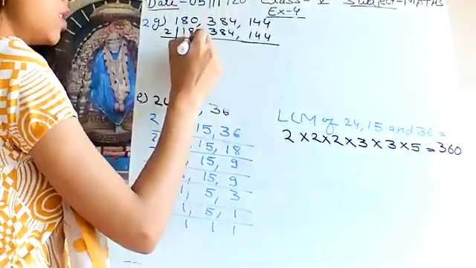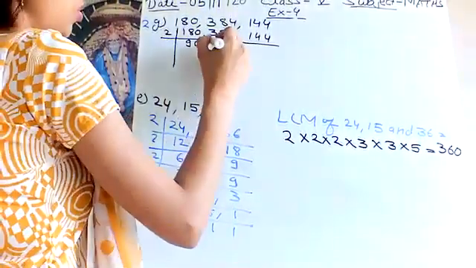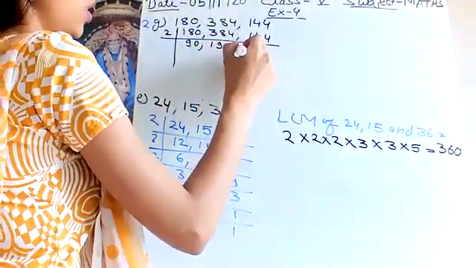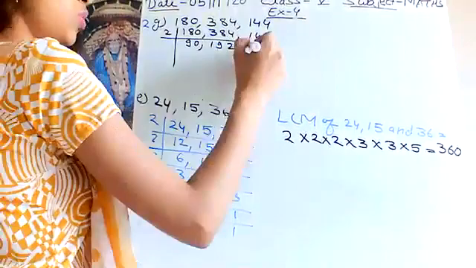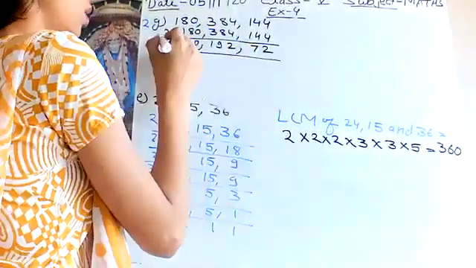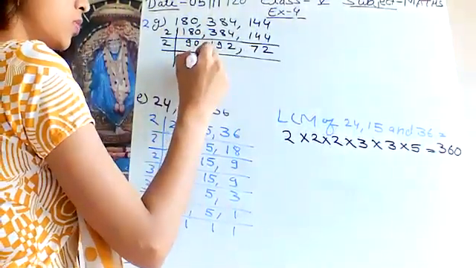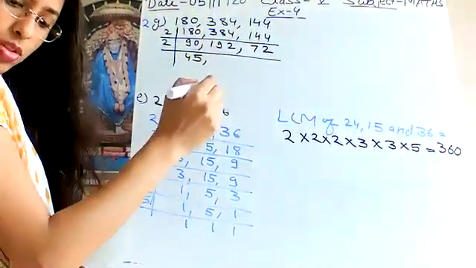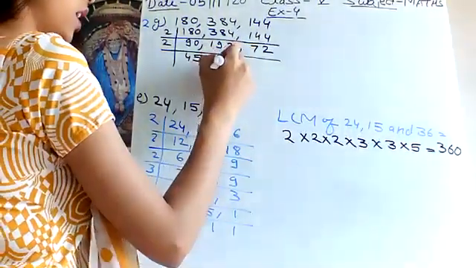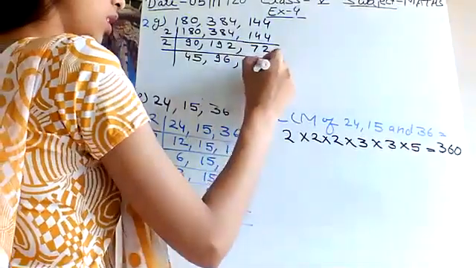2 90s are 180, 2 192s are 384 and 2 72s are 144. 2 9s are 18, 2 7s are 14, 2 2s are 4. Again we will do with 2.